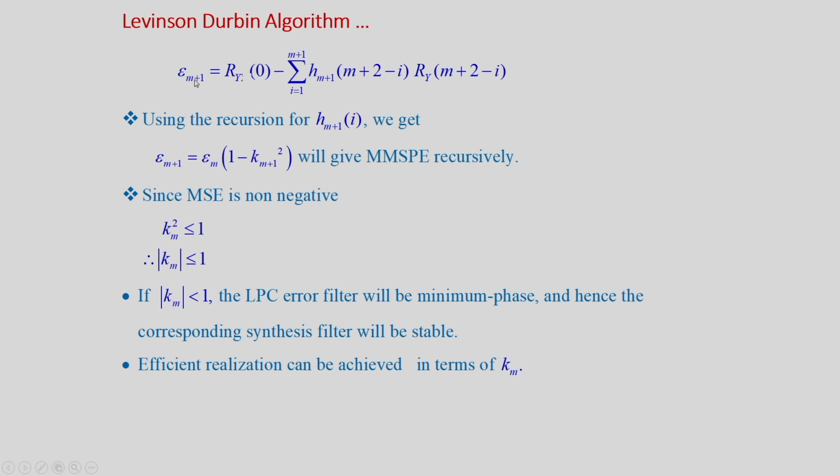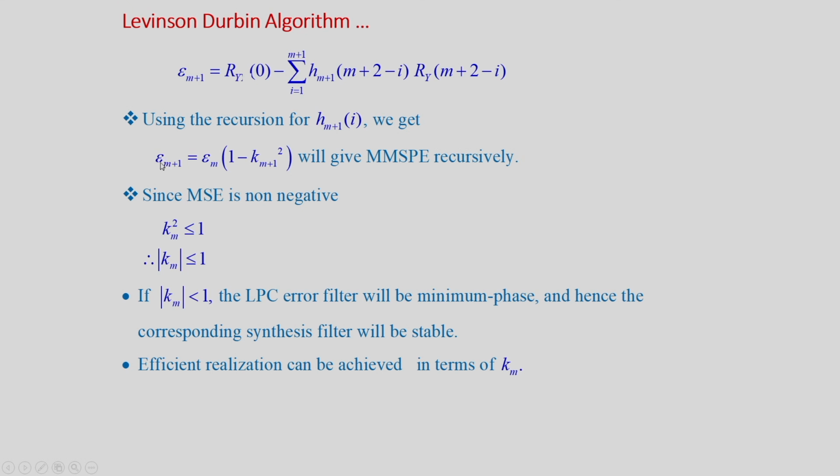This mean square prediction error we will also be getting recursively. Epsilon_{m+1} is equal to epsilon_m multiplied by 1 minus k_{m+1} squared, the reflection coefficient squared. This will be the MMSPE at order m+1. Therefore, we will be able to determine the minimum mean square prediction error also recursively.